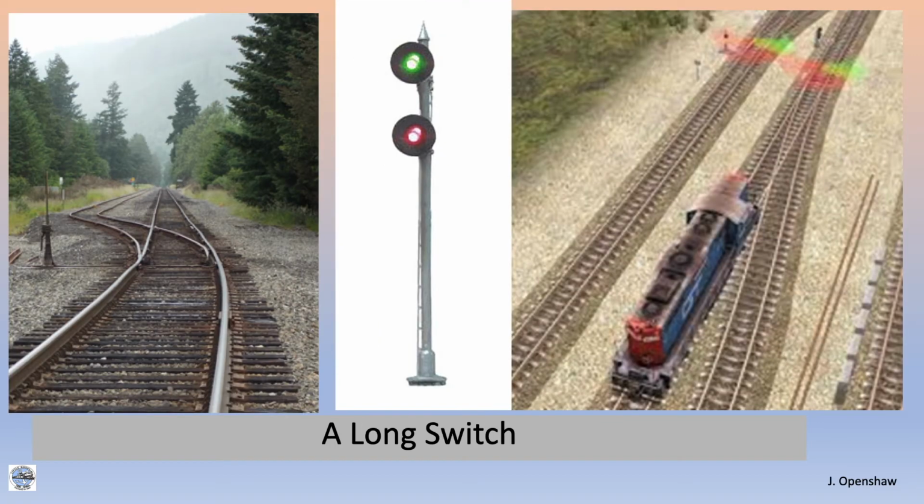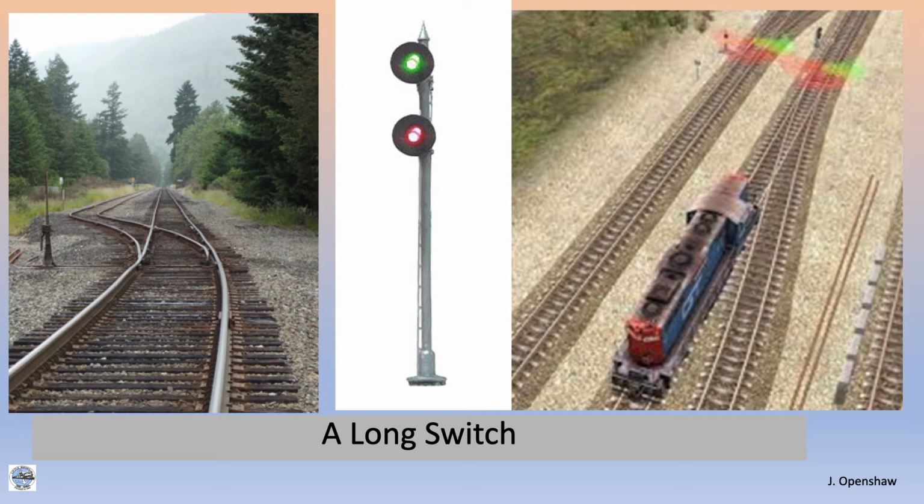Okay, now switches. How do you determine the speed of the switch? The switch on the left is in dark territory. It's dead because there's no signals there. There's a hand throw switch, and if you see how tight the curve is, it's such a short space. The way they determine the speed is from the point to the frog.